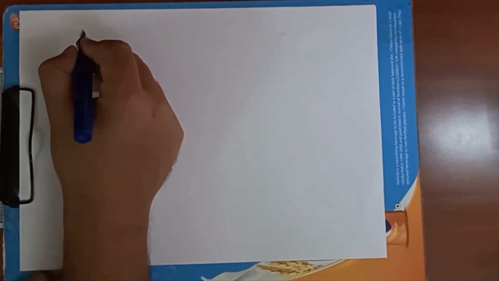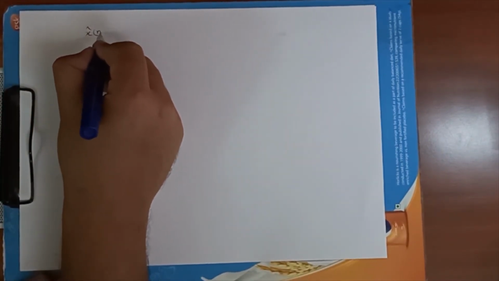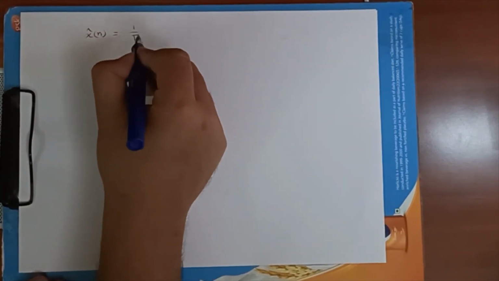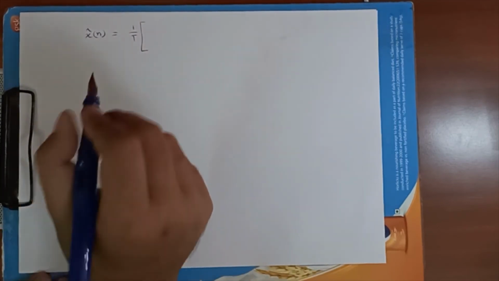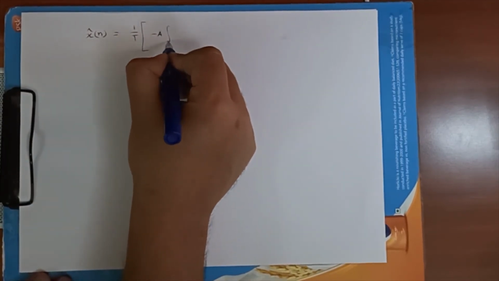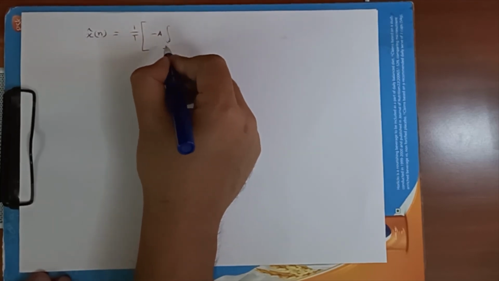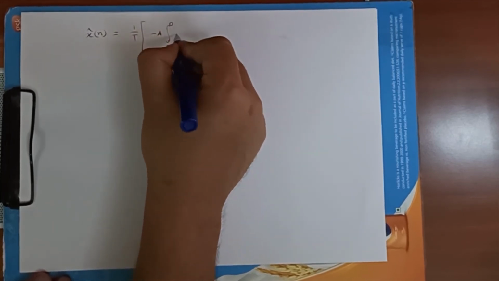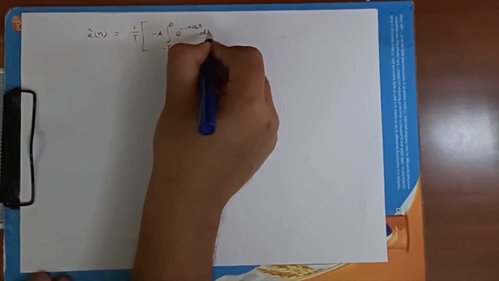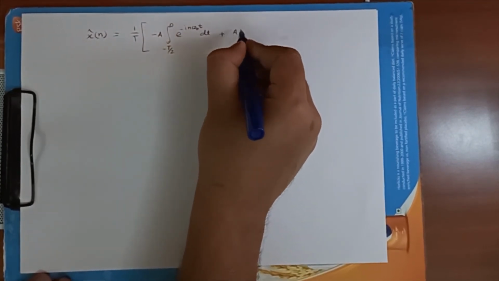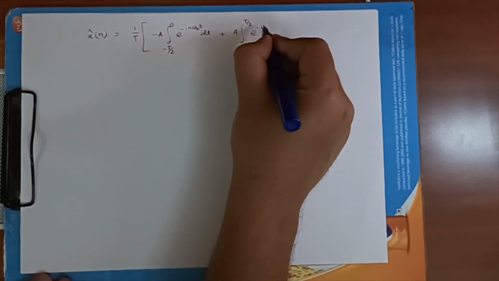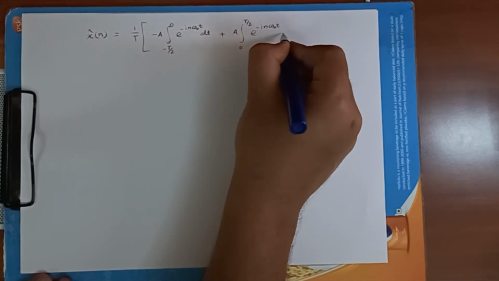So x hat n will be equal to 1 by T times minus a integral, a is a constant, minus T by 2 to 0 e to the power minus i n omega 0 t dt, plus a integral 0 to T by 2 e to the power minus i n omega 0 t dt.